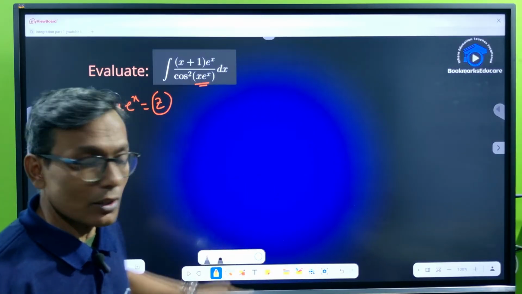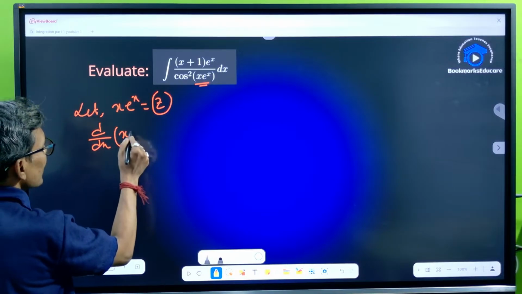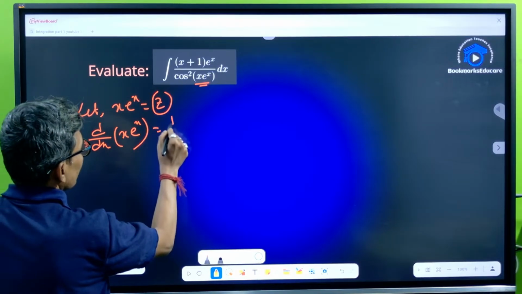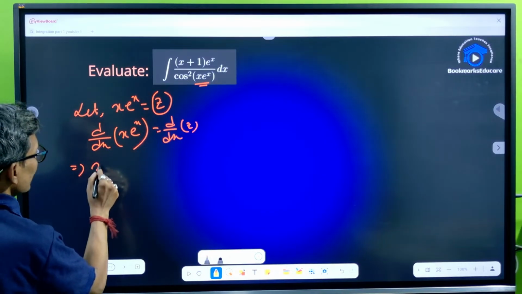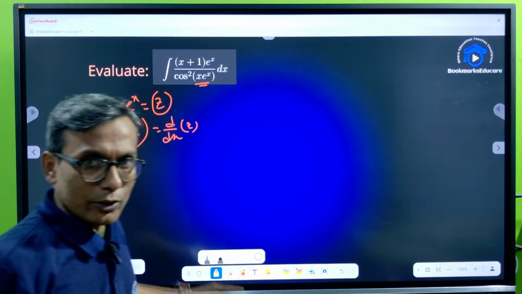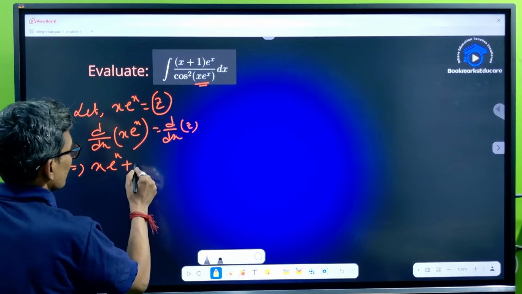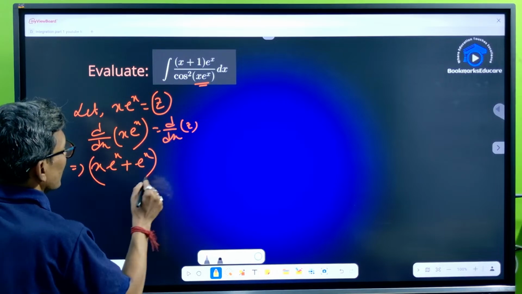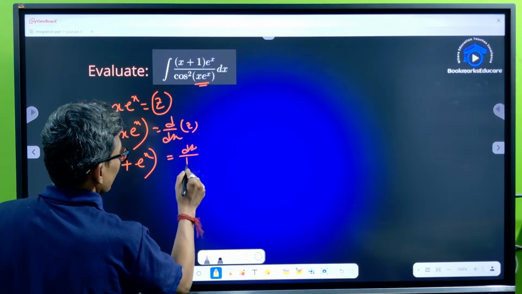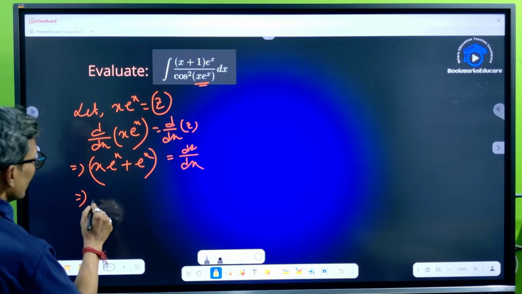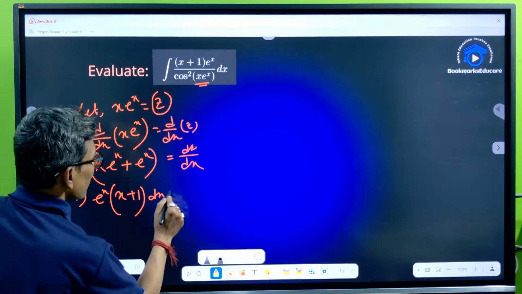So differentiating on both sides with respect to x, applying the product rule of derivative, dz by dx, so e to the power x into x plus 1 dx is equal to dz.